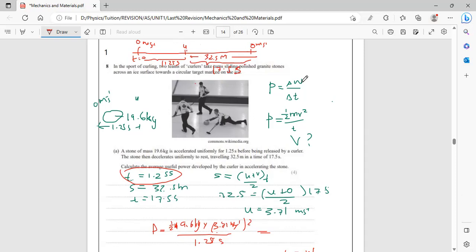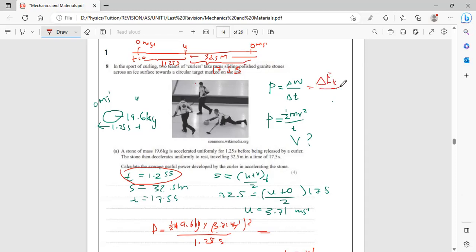Right, so the power is work done divided by time. The work done on the stone is converted to kinetic energy so that it gains kinetic energy to move. So the work done would be the change in kinetic energy.